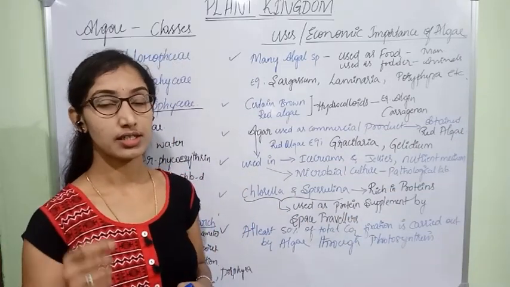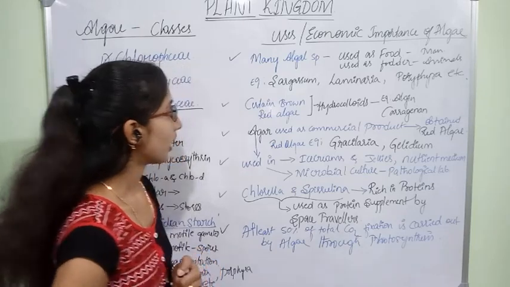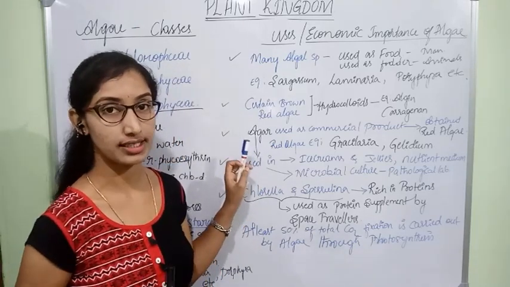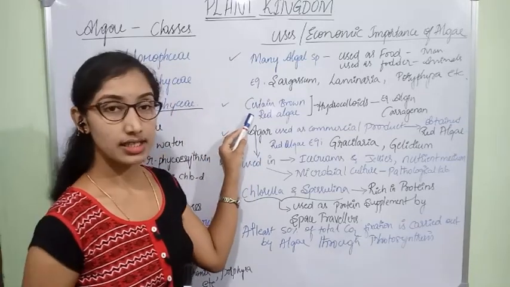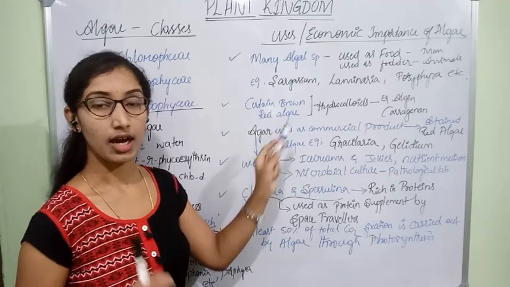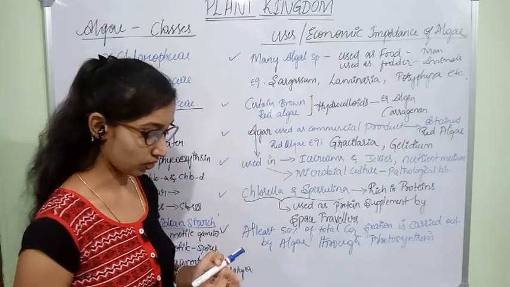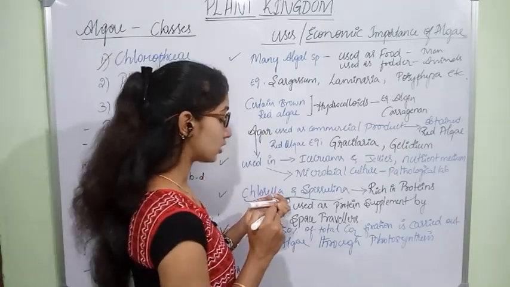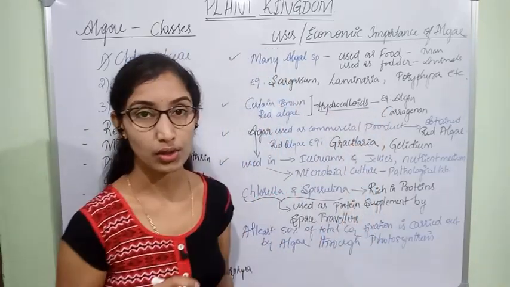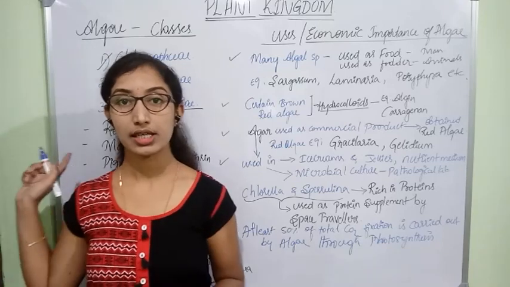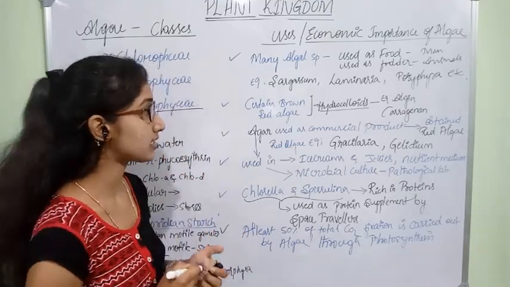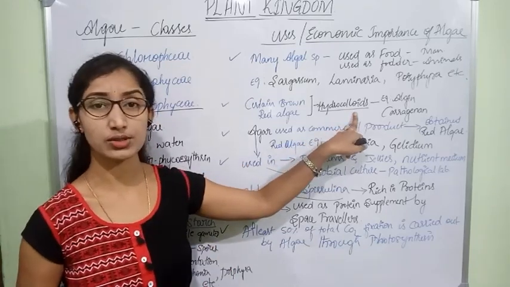which is used as fodder. And the second importance of algae is that certain brown and red algae are commercially used as hydrocolloids. Now, what are hydrocolloids?